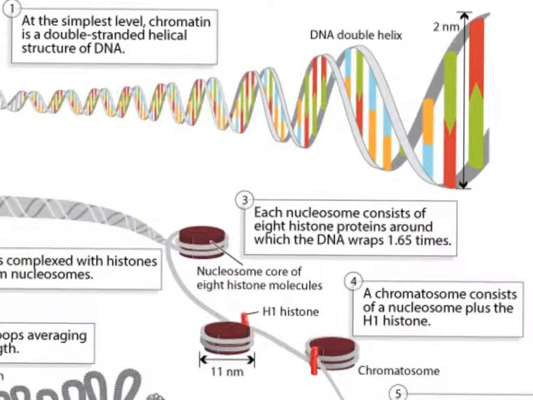This is just zoomed in on that same picture, right? A gene would be a section of that DNA. So we have one gene right there, where every one of these red or green or yellow or blue things is one nucleotide.